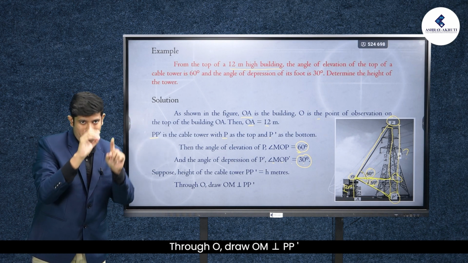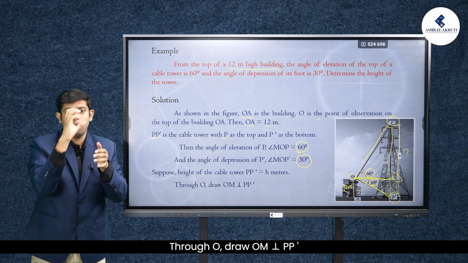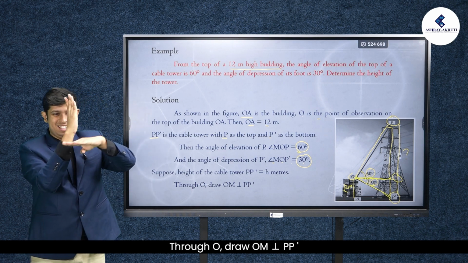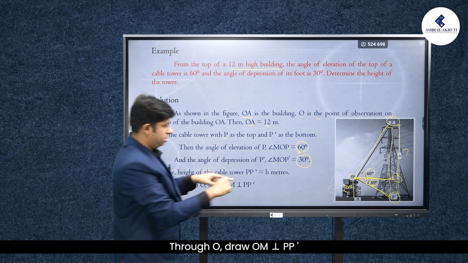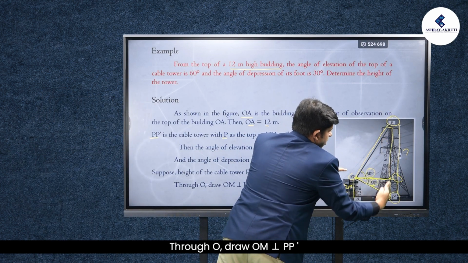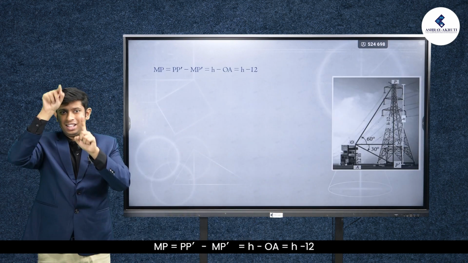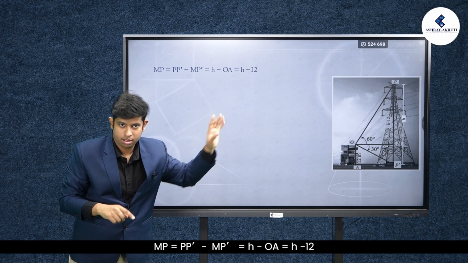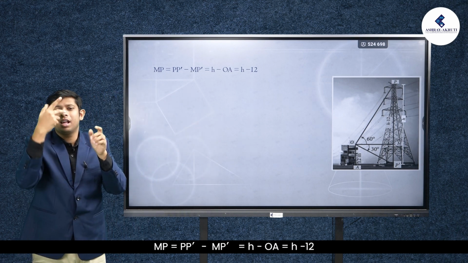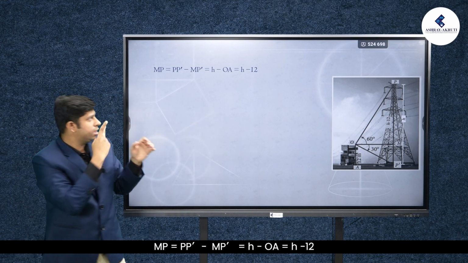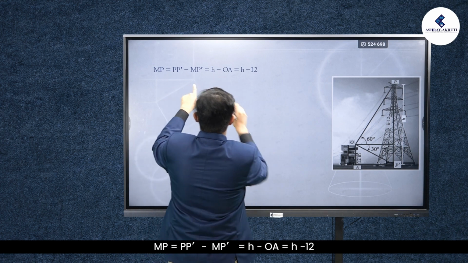Through O, draw OM perpendicular to PP dash. MP is equal to PP dash minus MP dash, that is equal to H minus OA, that is equal to H minus 12.